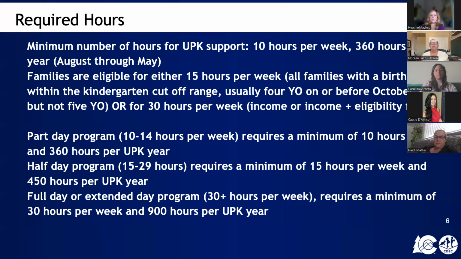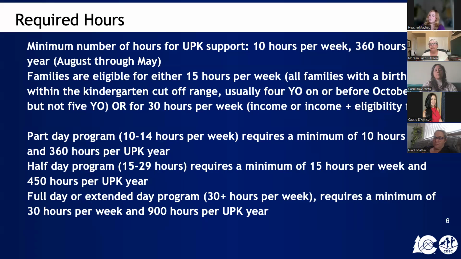So the rest of this is all about the programs that you're offering and what the family has chosen. So the minimum program that you can offer for UPK is a part-day program, and that's 10 to 14 hours per week. And that requires a minimum of 10 hours per week and 360 hours per UPK year.